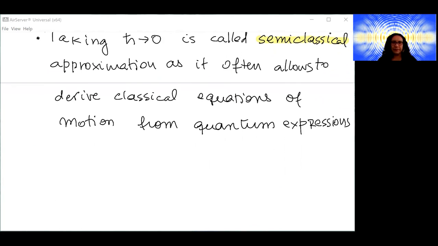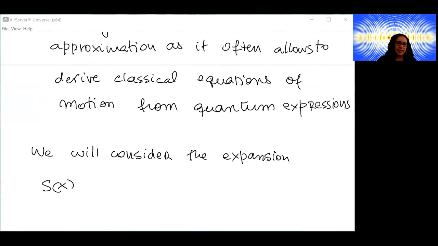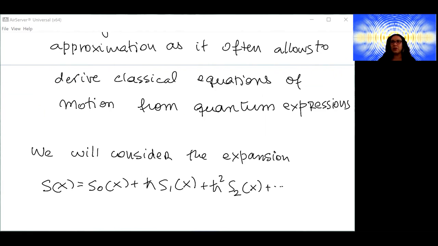So we're going to consider the expansion S(x) equals S0(x) plus h bar S1(x) plus h bar squared S2(x) and so on and so forth.